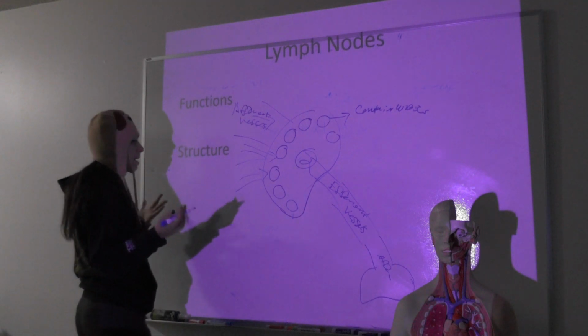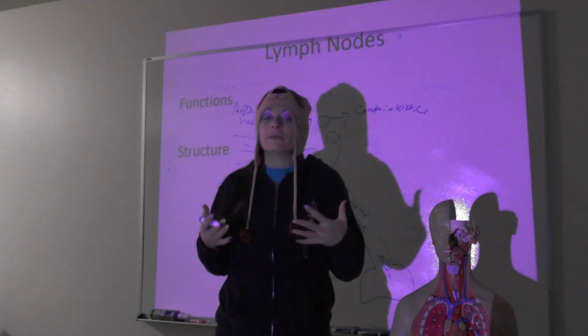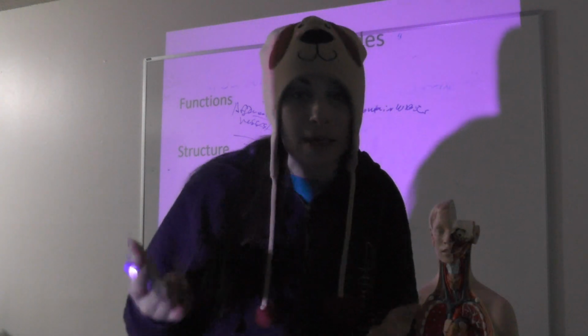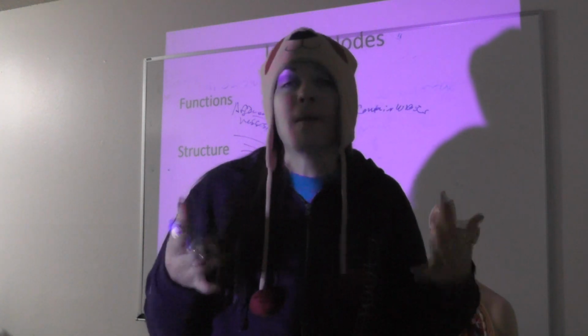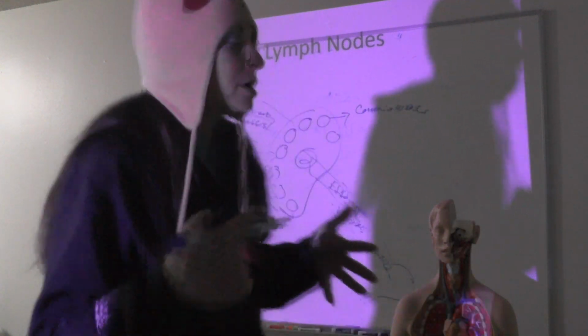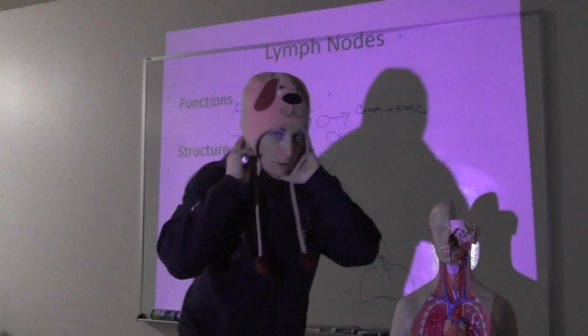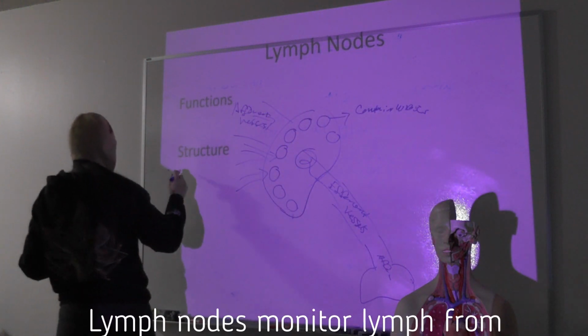So, the thing about our lymph nodes and lymphatic nodules and lymphoid tissue in general is that it can be kind of different from person to person. So there are definite places where we can say in everyone we're going to find lymph nodes. You can find cervical lymph nodes around your neck and at the back of your head.